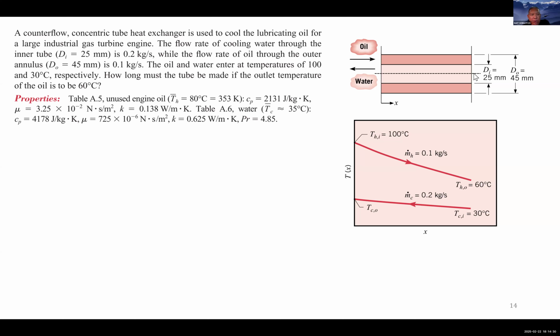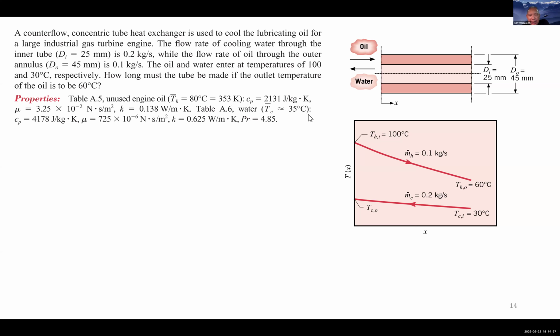At the beginning it's cool, but on the exit it's going to be warmer. So in this case, they suggest that we can assume the average temperature of the cold fluid to be 35. And then when we do the analysis, we have to check for the real exit temperature and check the average temperature again, if it is 35 degrees Celsius or not.